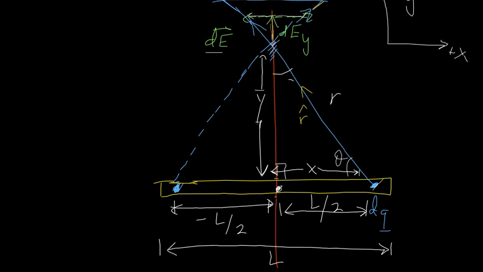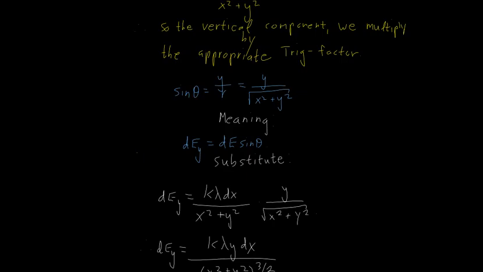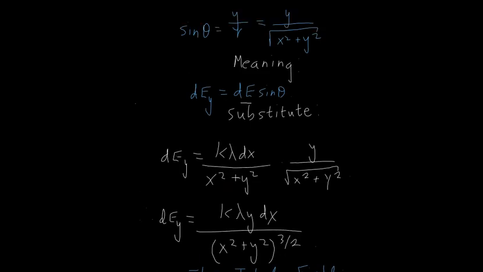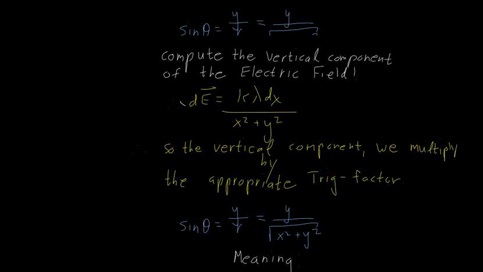R, just using the Pythagorean theorem, is the square root of x squared plus y squared. And then my dEy, the differential of the electric field in the y direction, is going to be dE sine theta. Obvious, right? Sine theta for the y component. We substitute what we know about dE. Remember, dE is this guy, highlighted with white here, with an asterisk.